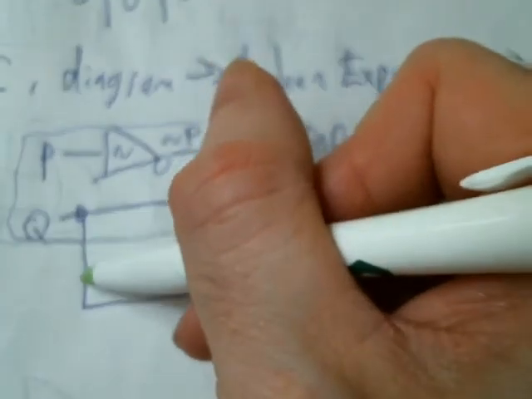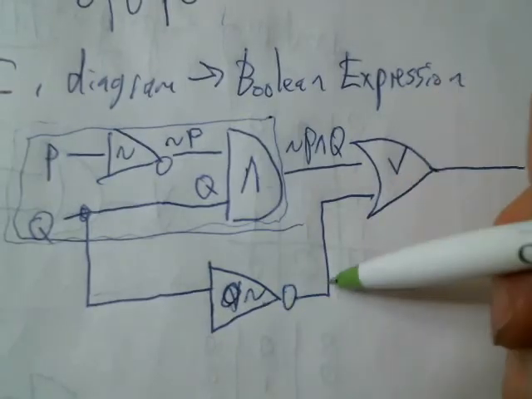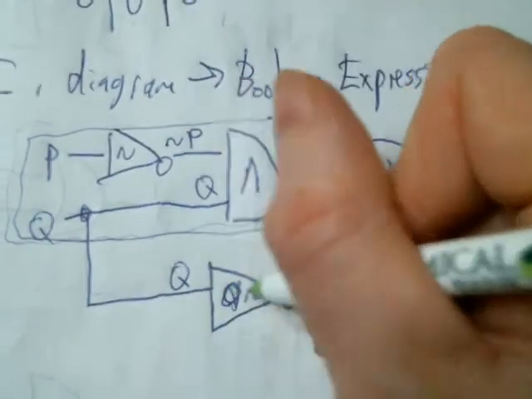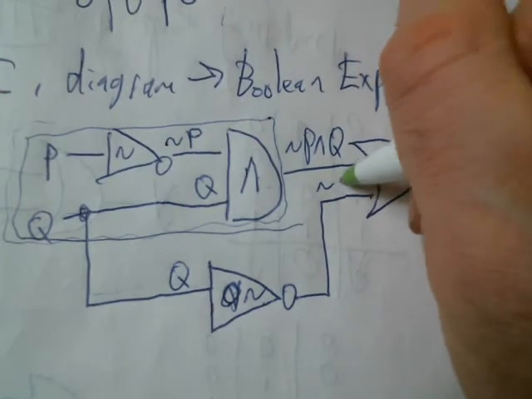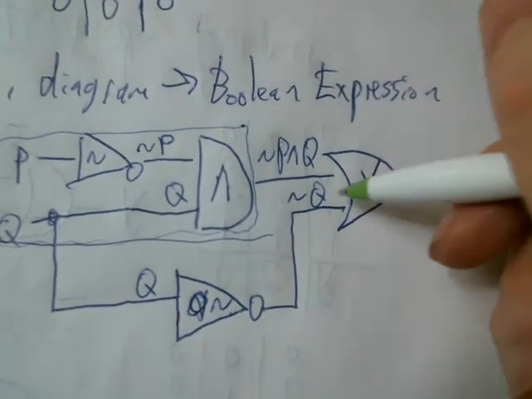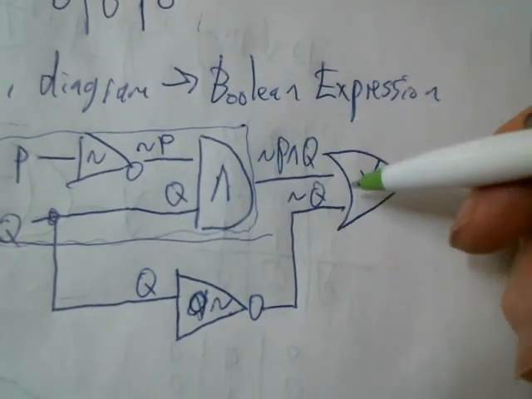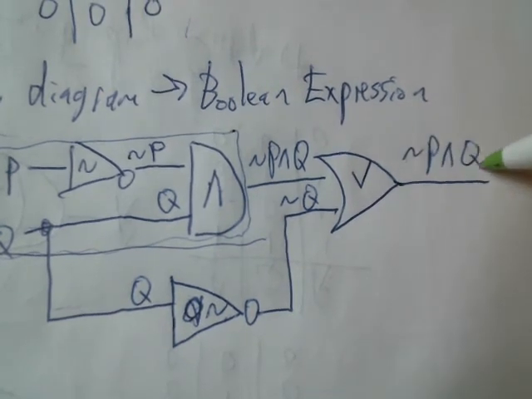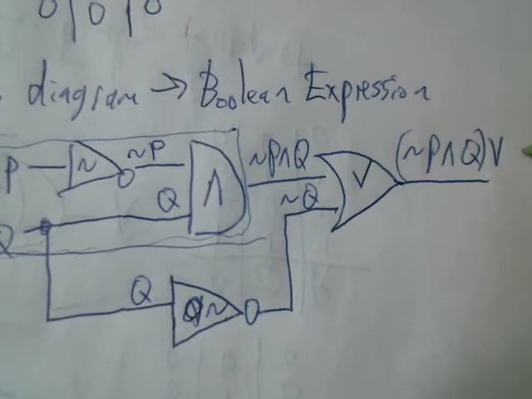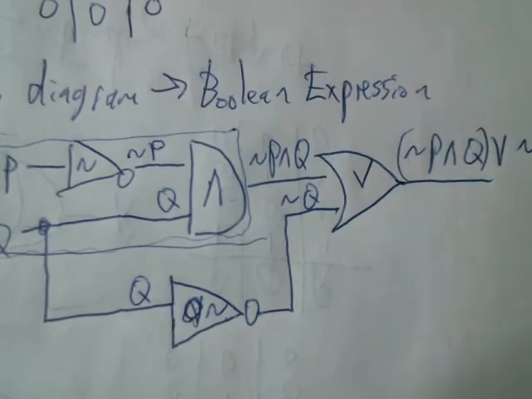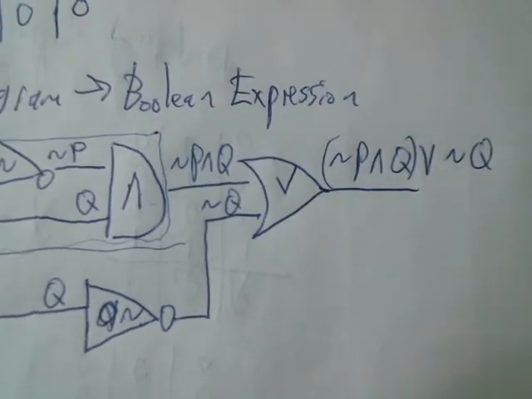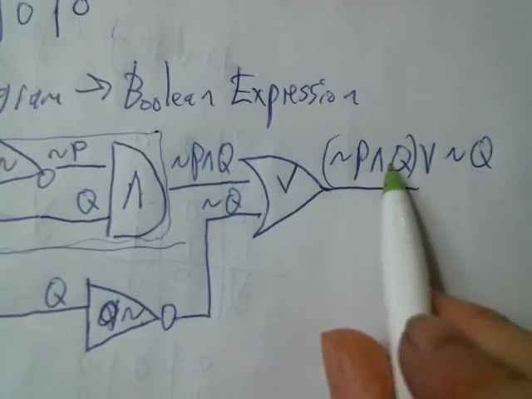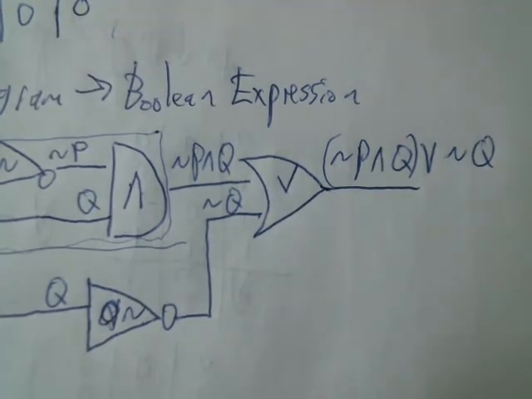Then for this Q, you'll have not Q resulting. So Q will go into here and become not Q. And then finally, you're just connecting these two with an OR. So you'll have (not P and Q) or not Q. You use the parentheses to indicate that these are grouped together. Let's do one more of those.